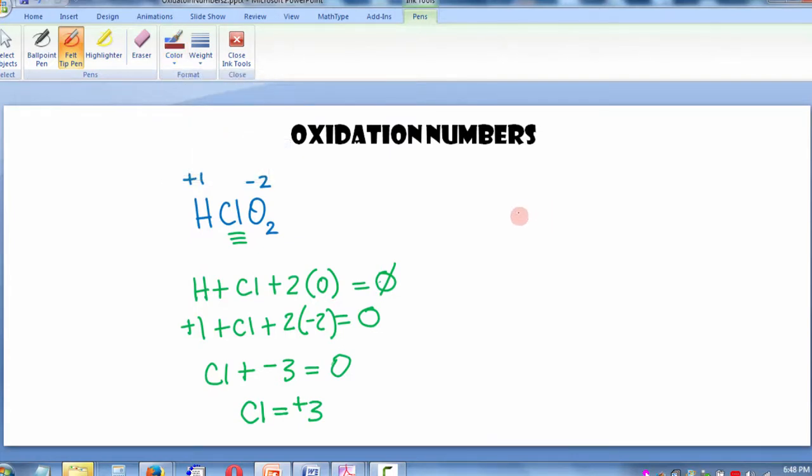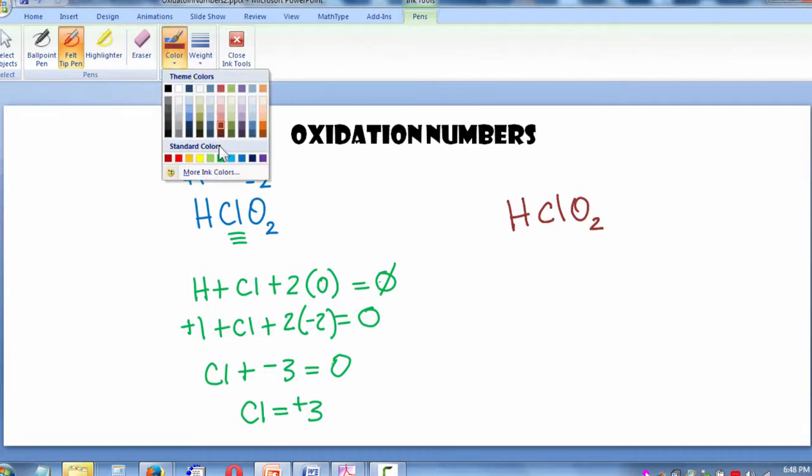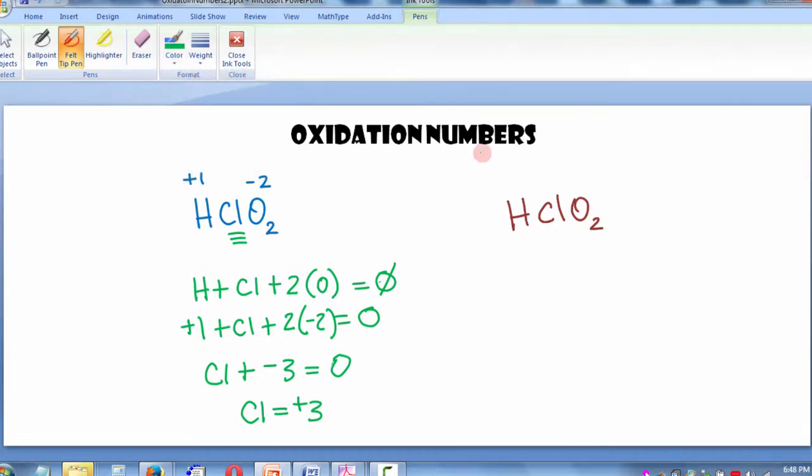Let's look at our check. We have HClO2. So the oxidation state we know of hydrogen is plus 1. We found chlorine to be plus 3, and oxygen is minus 2. Well, we have 2 times a minus 2.